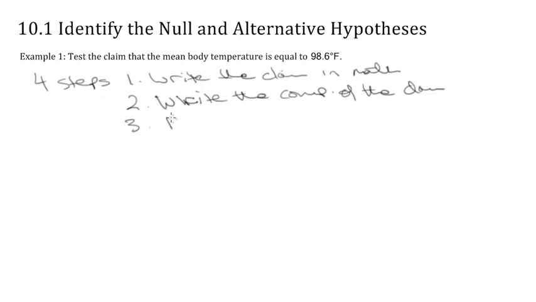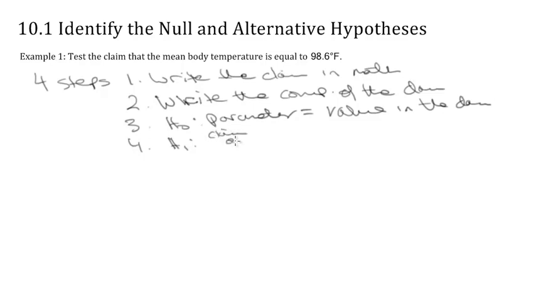3, the null is always whatever the parameter is equal to whatever the value in the claim is. But 4, this is where we might need the complement. 4, the alternative hypothesis could be the claim or it could be the complement of the claim.